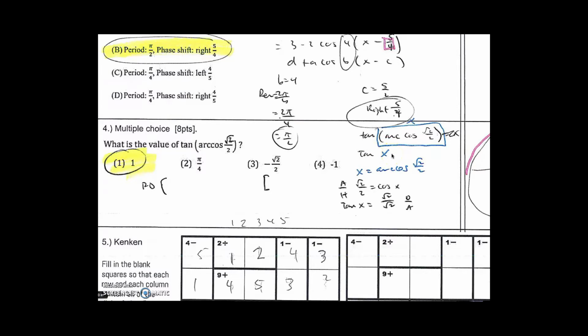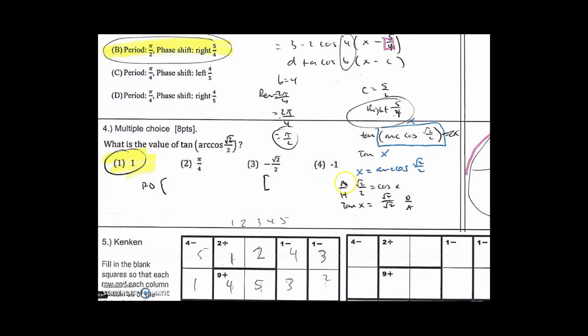Now in this problem, you're going to say x is equal to the arc cosine of radical 2 over 2. And the arc is another word for the inverse, so if I switch the radical 2 over 2 and its position with the x, I get radical 2 over 2 equals cosine of x.